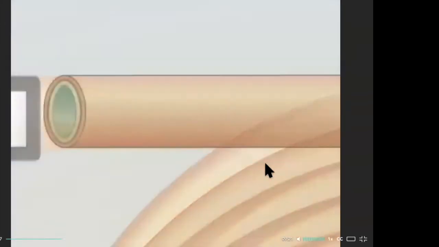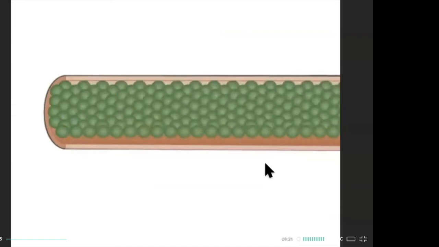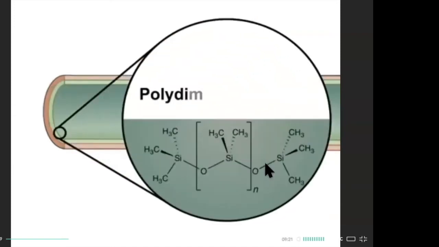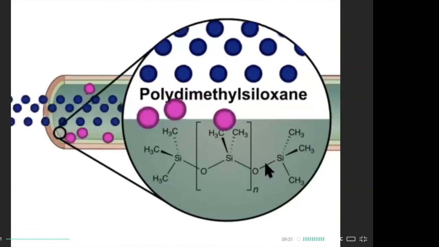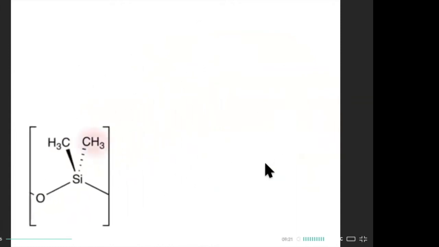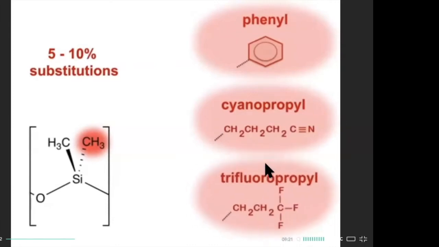The column is a capillary with a stationary phase matrix coating the inner walls. Alternatively, columns can be packed with matrix-coated beads. The stationary phase is usually modified polydimethylsiloxane, which is ideal for resolving nonpolar molecules. Its separation properties are refined by adding 5 to 10% phenyl, cyanopropyl, or trifluoropropyl groups.